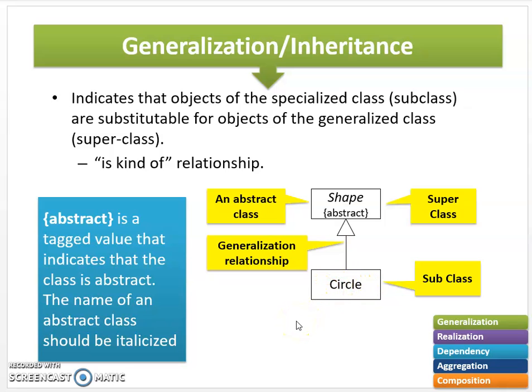In UML diagrams, generalization association is also known as inheritance. The subclass is a particular case of the superclass, and it will inherit all the attributes and operations of the superclass, but it can also have its own additional attributes and operations.